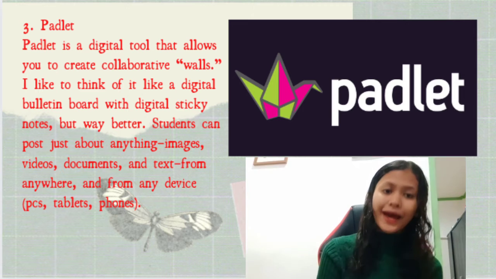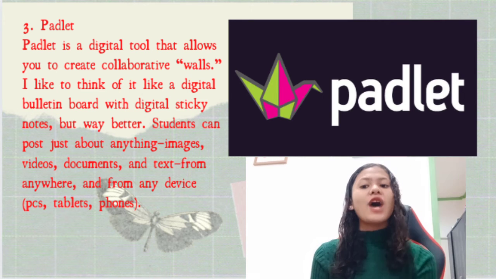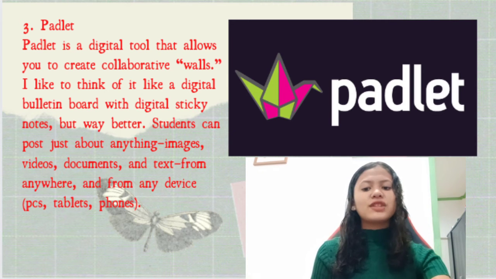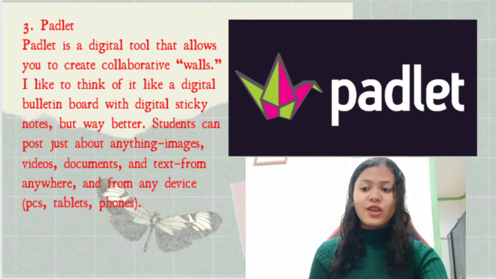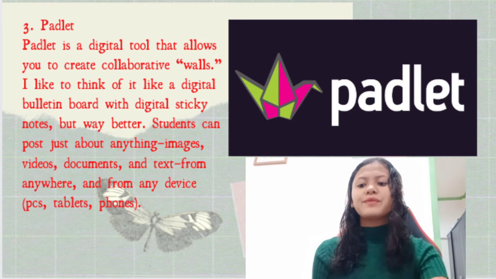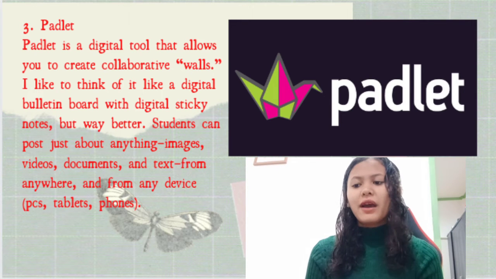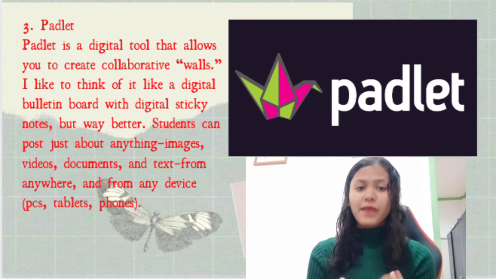They go to see the is demon Padlet. together. He reads the code Padlet on is a digital It's a tool curse that you can find a allows way to you to break and create hook from. collaborative He thinks that rules if they can keep one of them alive I like to longer than think what of the app it says, the curse will be like broken. a digital His plan bulletin is to hide in board a blessed circle of salt long enough with to keep one of them alive, digital so that sticky they can lift notes, the curse. but Quinn mixes the way salt with better. paint, and as they are laying it on the ground, the priest blesses the salt. students can The circle is post painted on the just floor about when they anything, check Mark's images, countdown time. videos, He steps aside, documents, panicking, and but text Quinn from kisses him. anywhere The lights go and out and all of them get from inside the any circle. device.